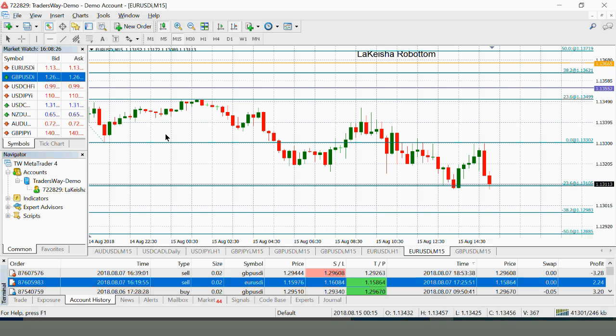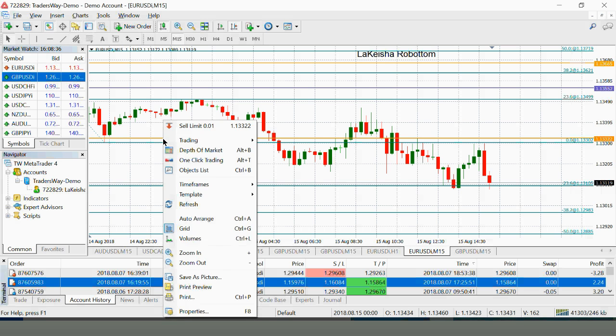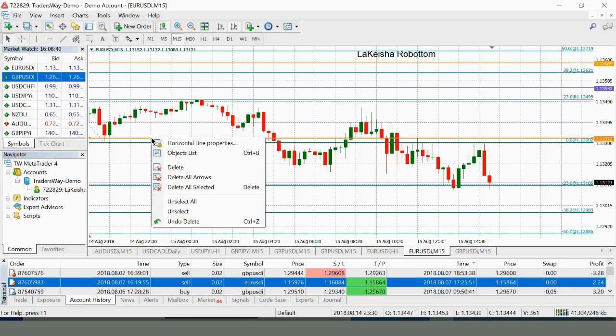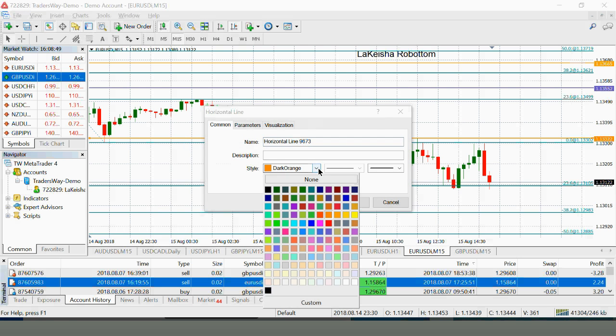So I'm going to see if I can find another area of support that I can identify to help me plot my potential take profits or stop loss at my 1 to 1.2 ratio without going over that.